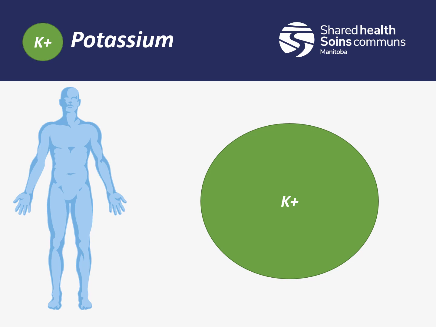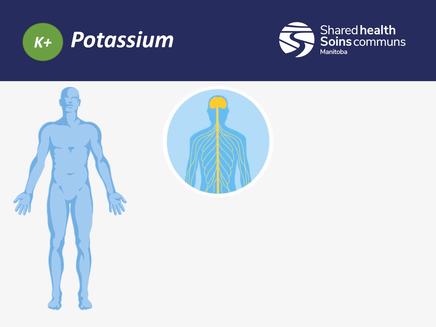Normal potassium levels are kept between 3.5 and 5.5 milliequivalents per liter, and this normal balance is maintained through excretion from the kidneys. Potassium also plays a crucial role in the normal function of the nervous system. It helps nerve impulses fire by moving in and out of the cells.